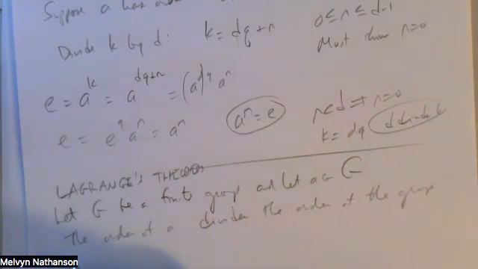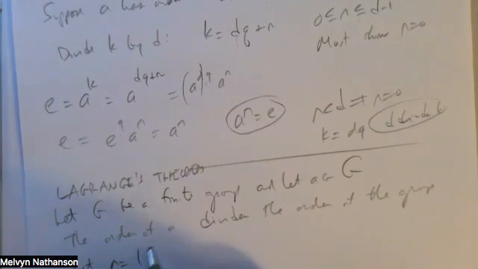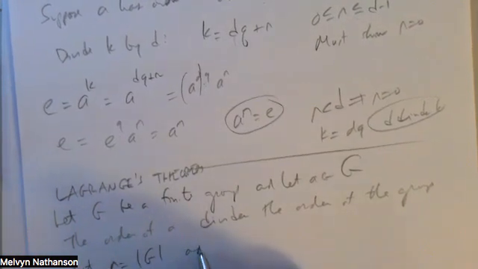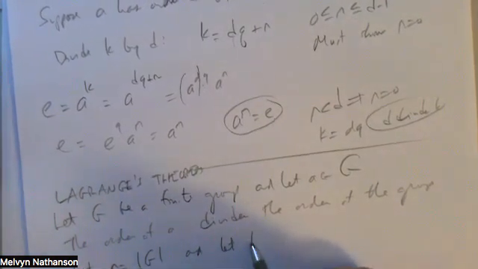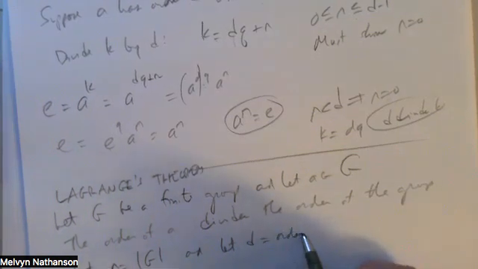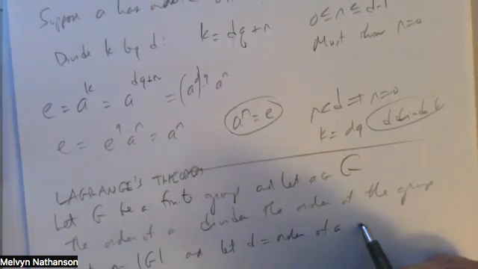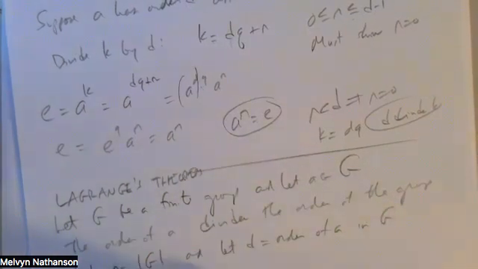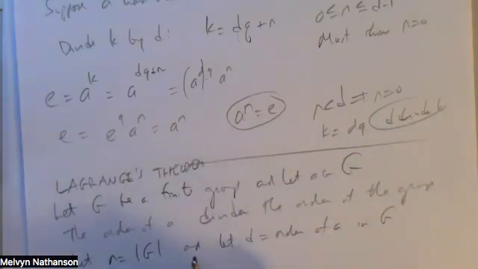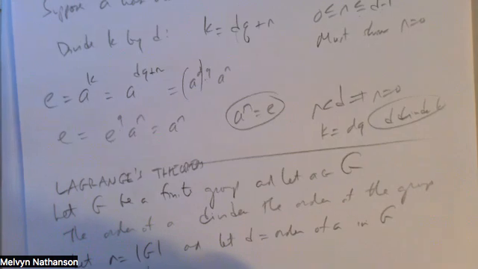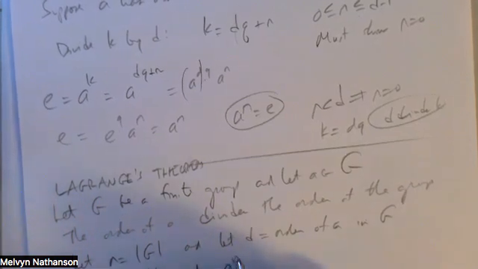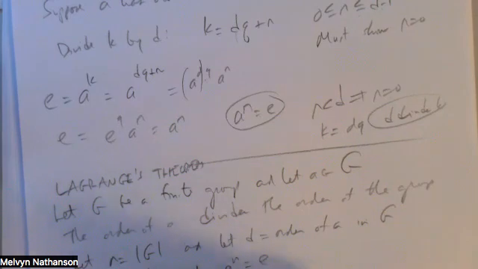Another way of saying it is that if we let n be the order of G, and we let d be the order of the element a in the group G, then d divides n, and a to the n is equal to the identity.